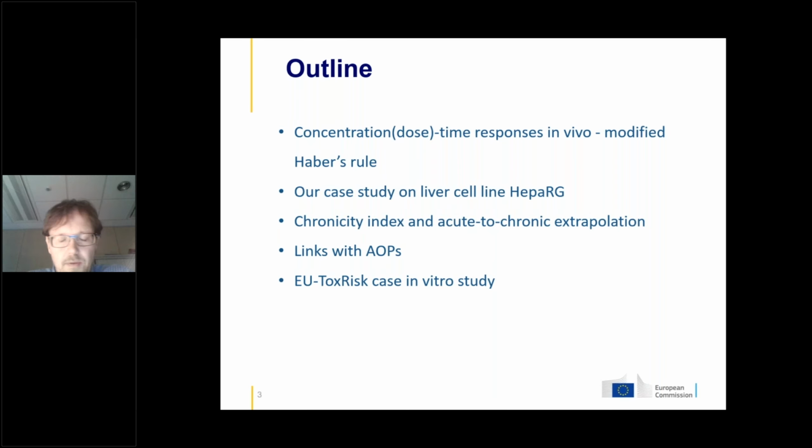Then I will show some hints how to link it with AOPs, which are the adverse outcome pathways. And at the end, I will make an introduction to the EU-ToxRisk case study in which we apply this technique to a set of chemicals.